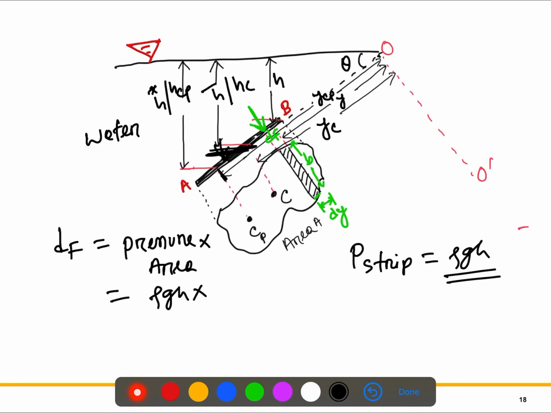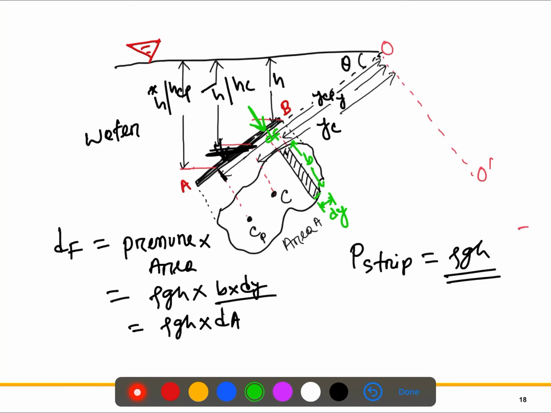And what is the area? For this section, it is a kind of rectangle, so this distance and this distance, b and dy, multiplied, give the area. As it is a very small elementary section, this is dA. So dF is rho g h dA.